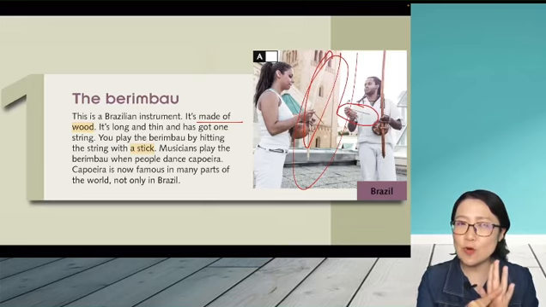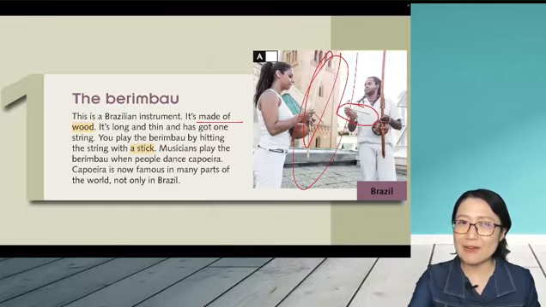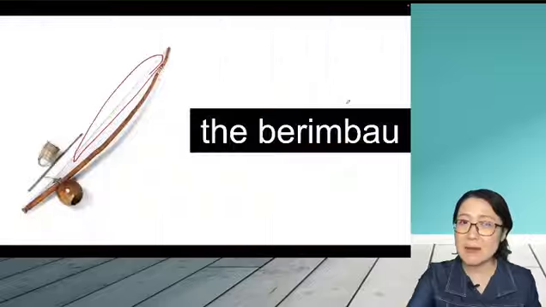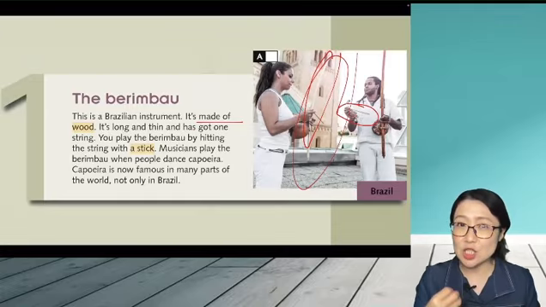用这种小木棍啊来去击打这个弦儿。Musicians play the berimbau when people dance capoeira. So what is capoeira? Let's see, this is capoeira. Alright? So it's a kind of Brazilian dance and martial art. 它是巴西的一种武术啊，或者是一种舞蹈。但是呢，这个也可以用在武术当中，它是一种 martial art.